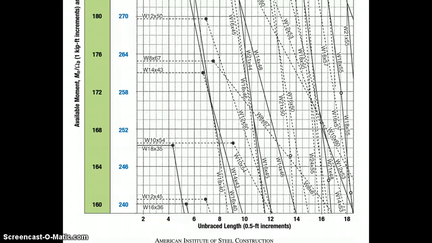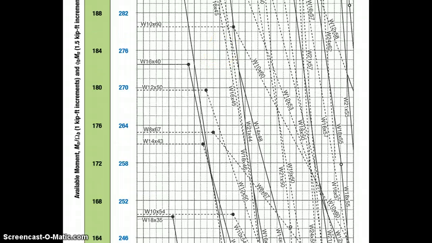And I'm going to scroll up until I find a moment of 273.3. And that's going to be right around here. Now once I have that point on table 3-10, I'm going to go up along the 8-foot length until I hit a solid line.